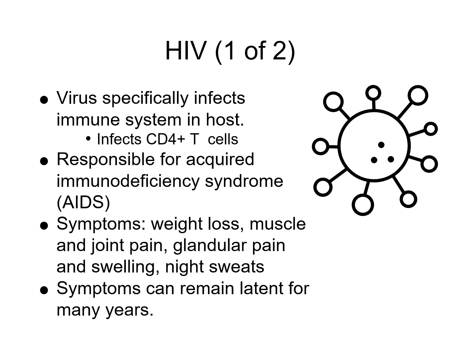So the HIV virus specifically targets this hunter cell and takes it over. And so the immune system tanks. You will get weight loss, muscle and joint pain, glandular pain and swelling, night sweats, okay? It has a long incubation period.